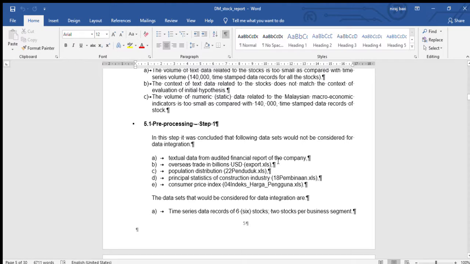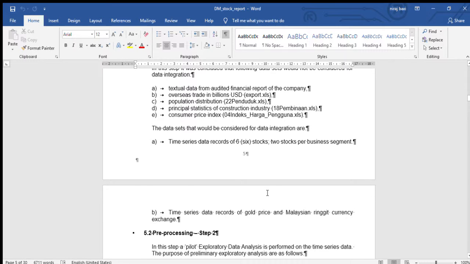So we decided that for the time being, we just drop this data. Although we went ahead and collected it, it at least gives us a better understanding of the problem statement that we defined earlier. So here we drop all the static data files.